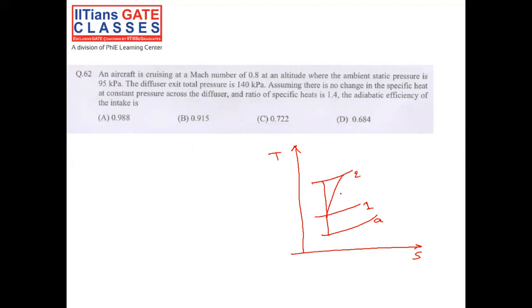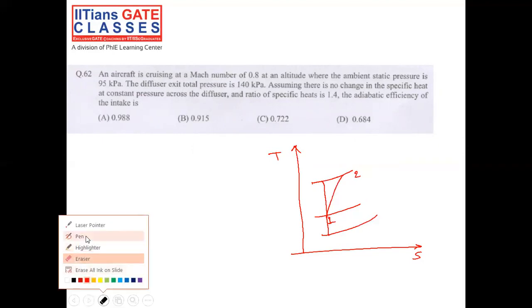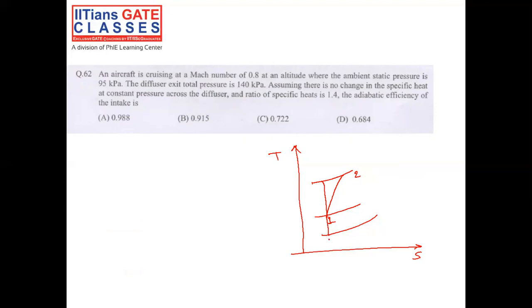Two denotes the exit of the diffuser, and 2s denotes the isentropic condition, if the flow was isentropic inside the diffuser, so that condition is noted by S.